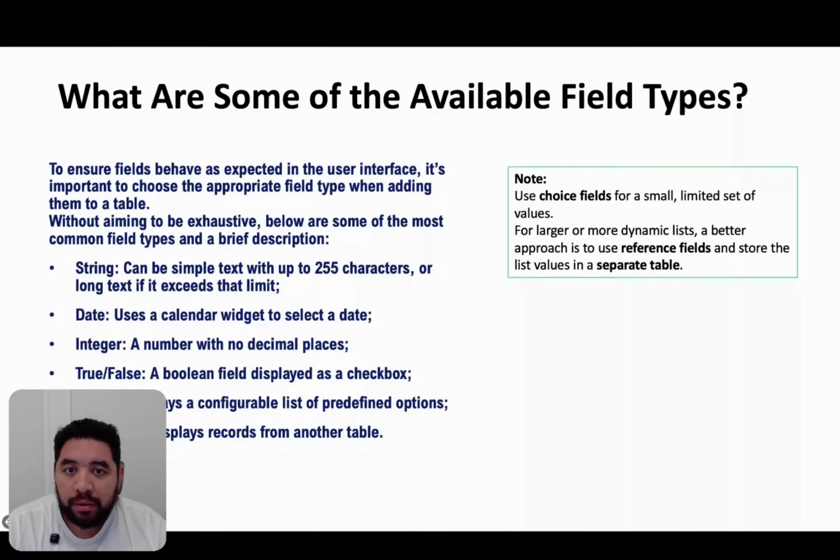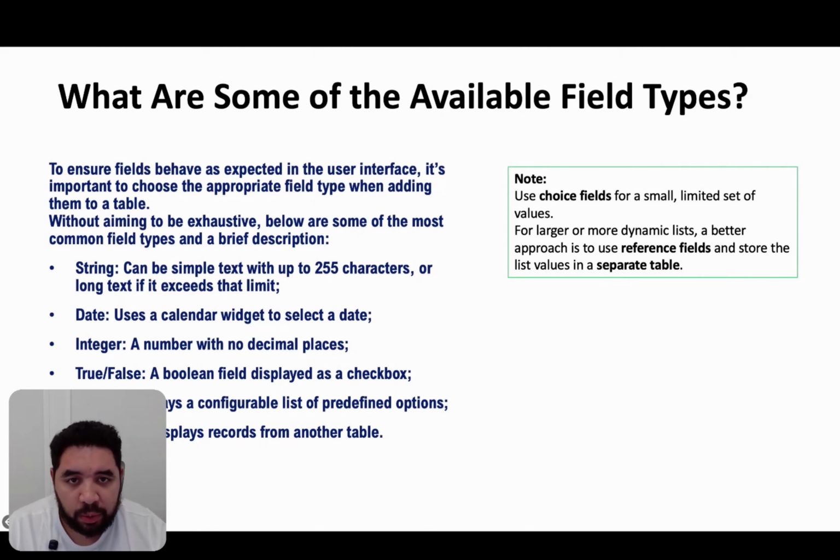Right? So let's talk about field types. To ensure fields behave as expected in the user interface, it is important to choose the appropriate field type when adding them to a table. Without aiming to be exhaustive, here are some of the most common field types.